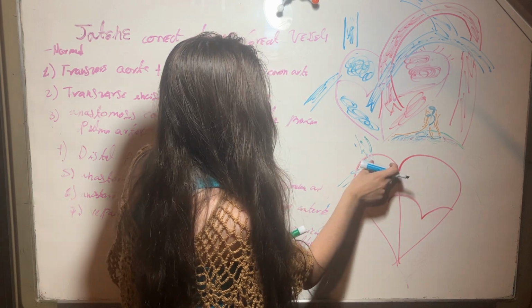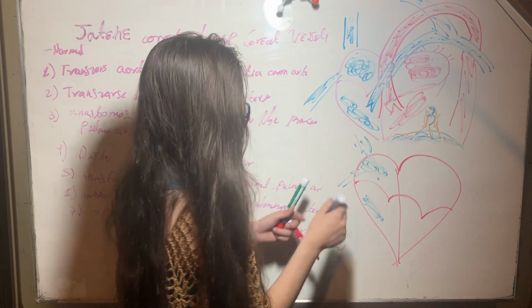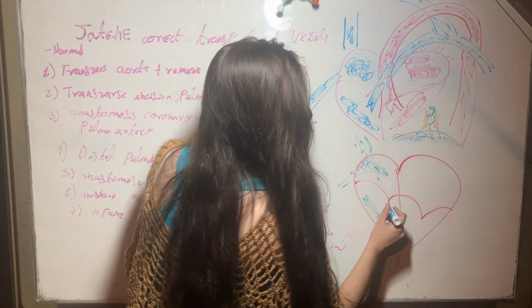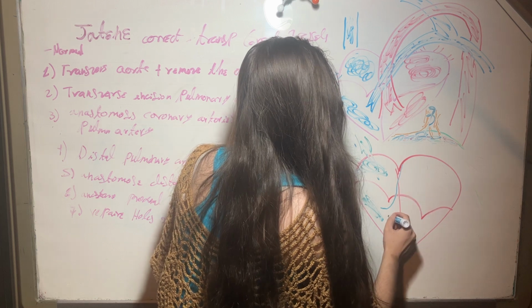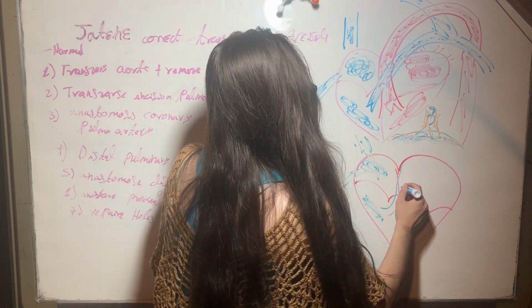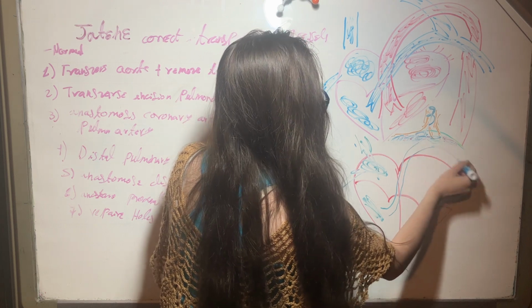This is deoxygenated blood, passes to the right atrium, then to the right ventricle, then passes through what was the proximal aorta, but now functions as the proximal pulmonary artery, and passes to the distal pulmonary artery.